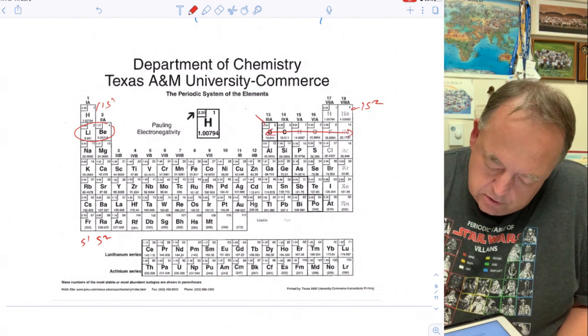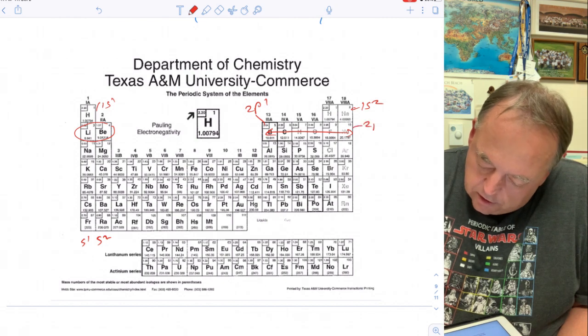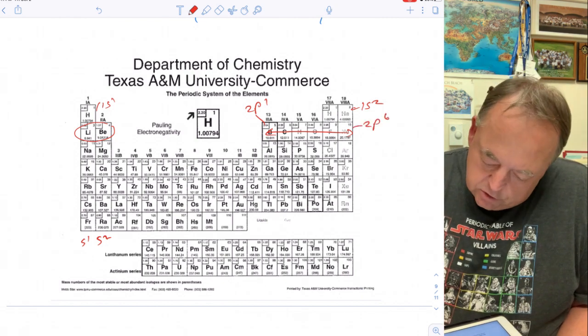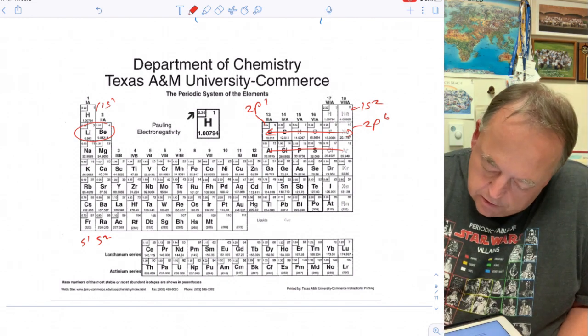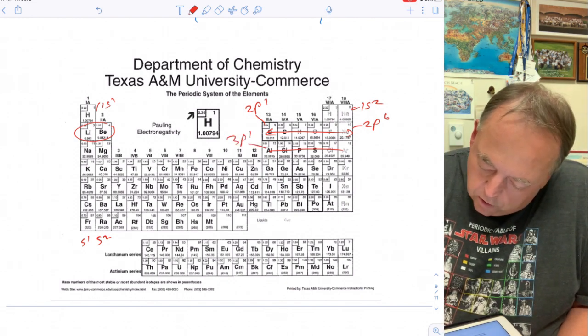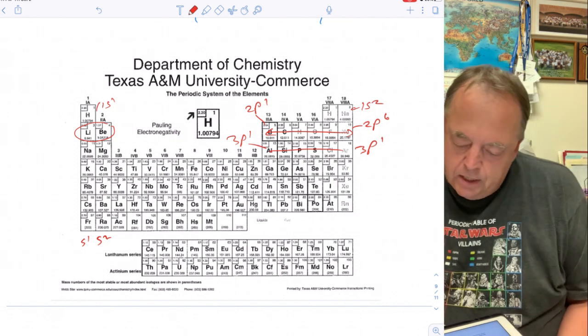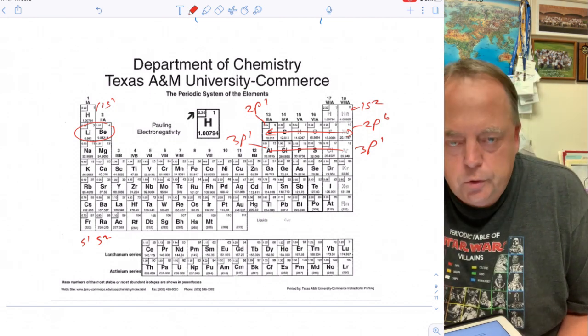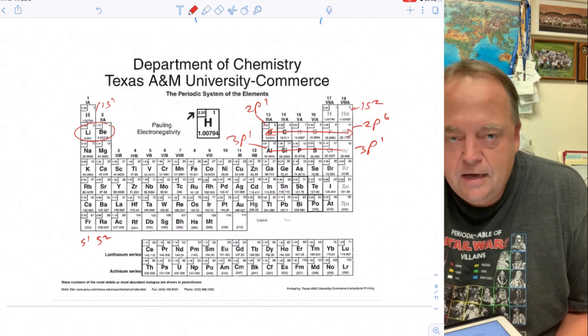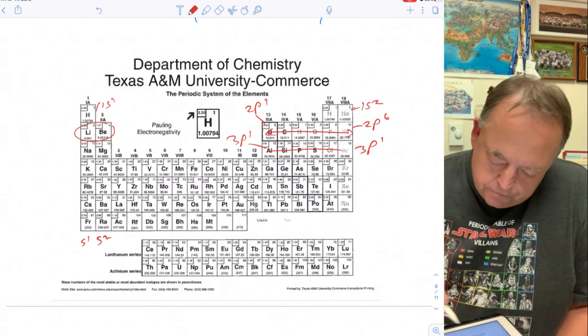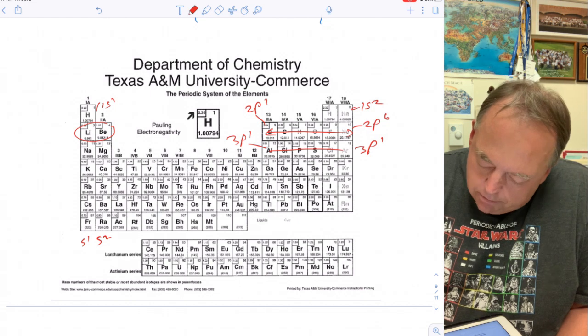So that would be 2p1 over to neon 2p6. So boron to neon. Now if you go down another, this would be 3p1 over to 3p6. So aluminum 3p1, silicon 3p2, phosphorus 3p3, sulfur 3p4, chlorine 3p5, argon 3p6, right? So that's what's called the p block.